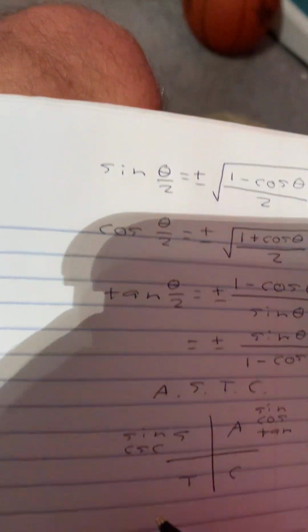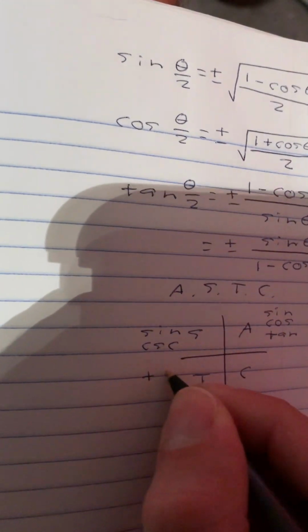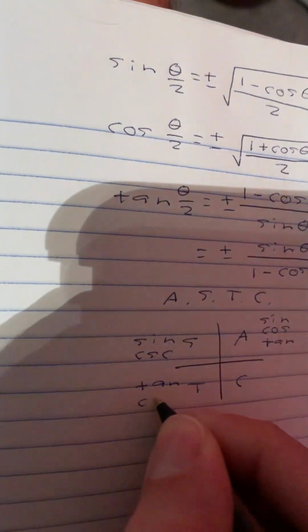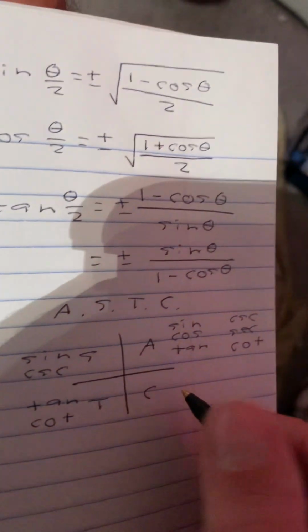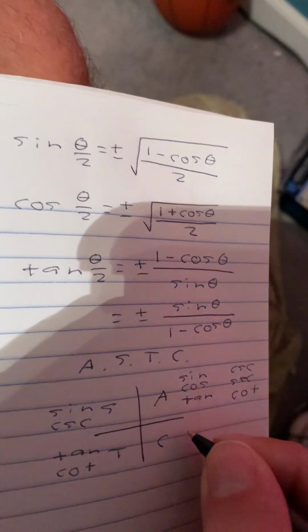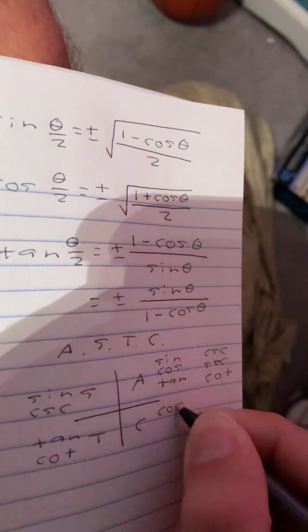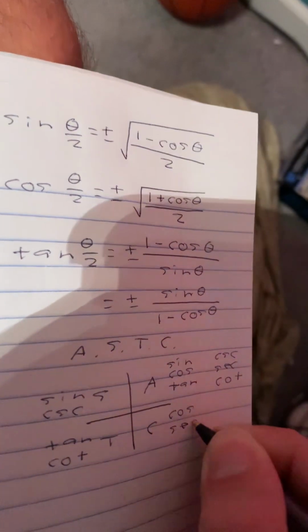And all the tangent functions here, which is tangent and cotangent. And all the cosine functions right here, which is cosine and secant, right? Thank goodness we're not finding any cotangent, secant, or cosecant of any of these kinds of values when we use trig identities. So I'm going to use the sine formula.